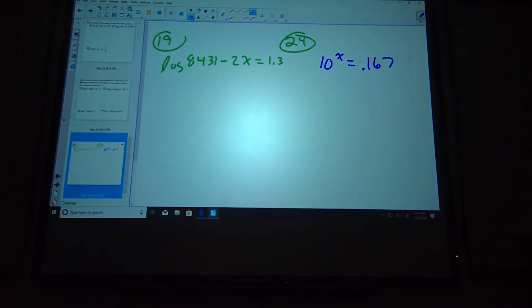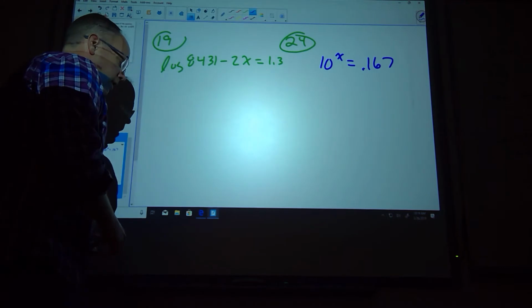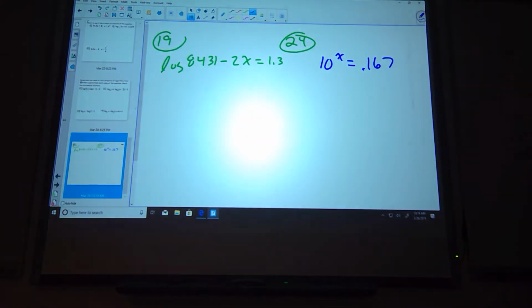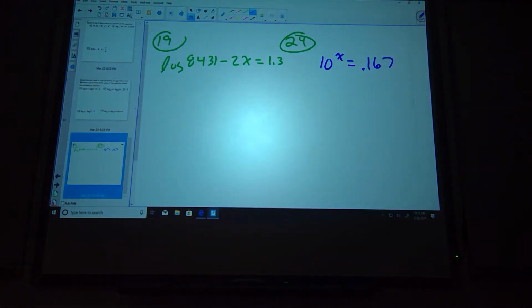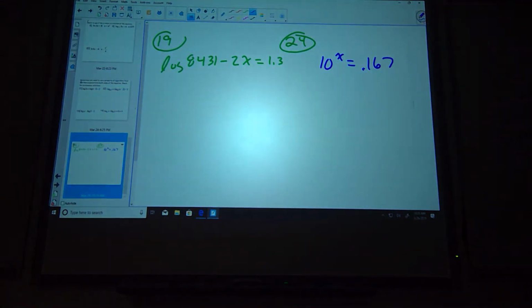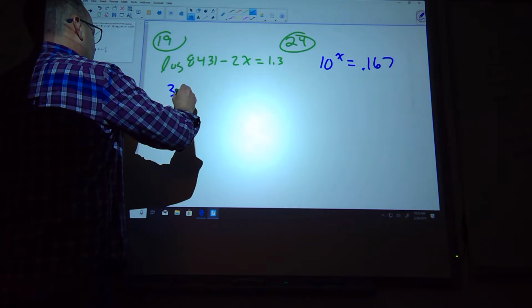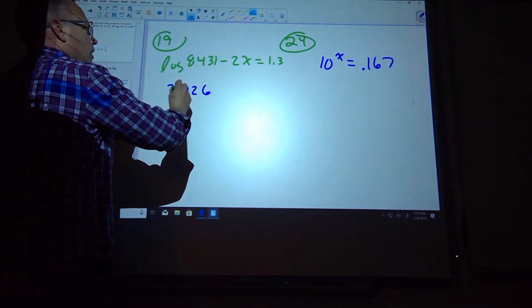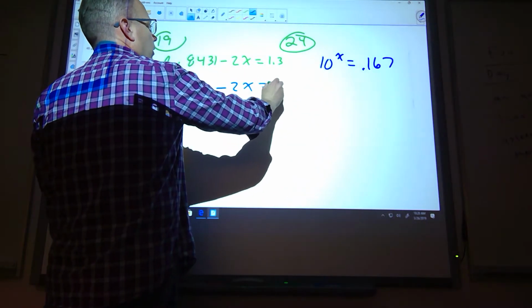All right, so for number 19, I'll just use the calculator in back. Pretty sure you guys know how to plug numbers in. So log of 8431 is 3.926, minus 2x equals 1.3.